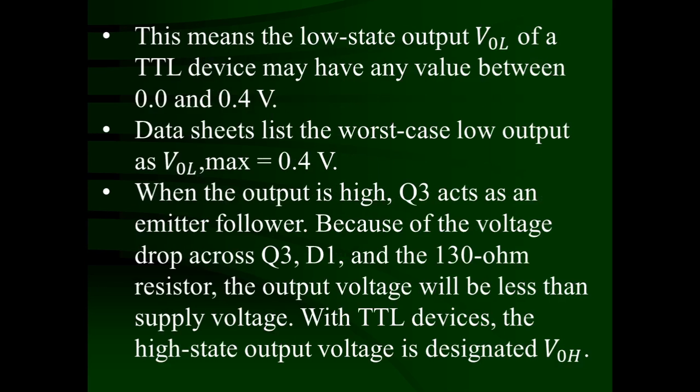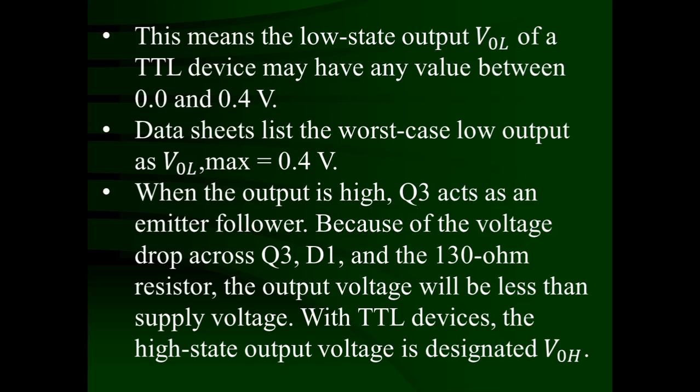This means the low state output VOL of a TTL device may have any value between 0.0 and 0.4 volt. The datasheet lists the worst case low output as VOL maximum equal to 0.4 volt. When the output is high, Q3 acts as an emitter follower.